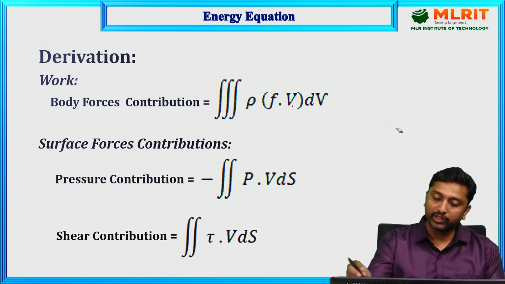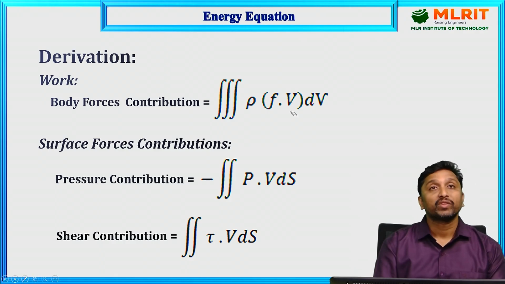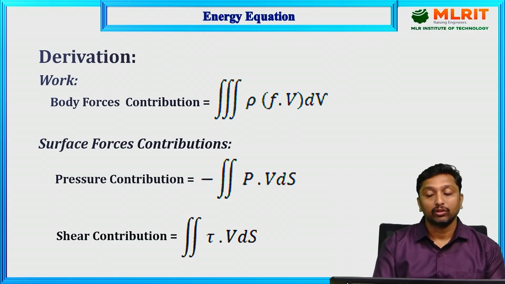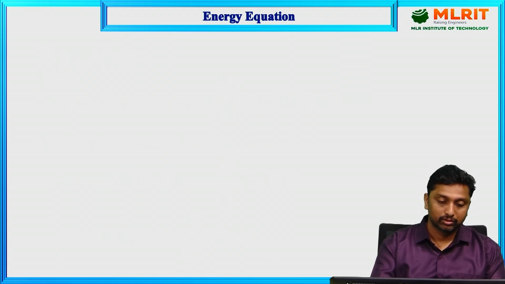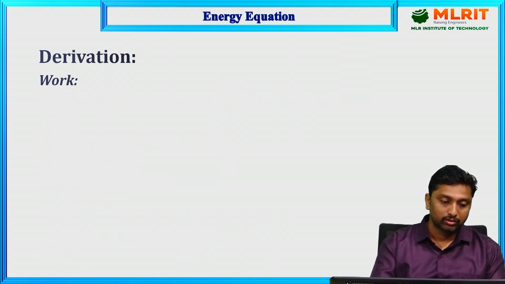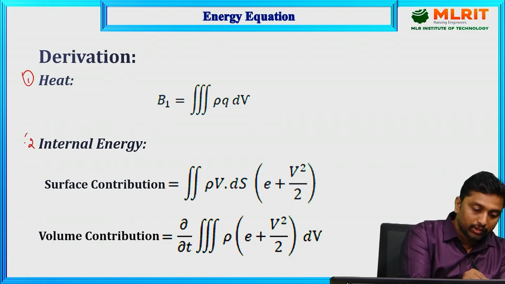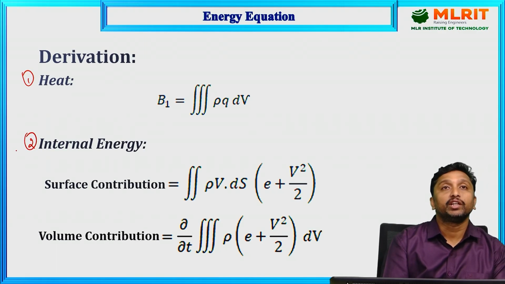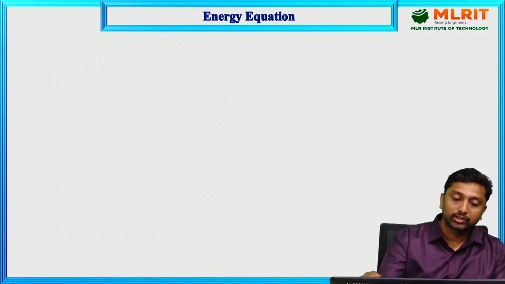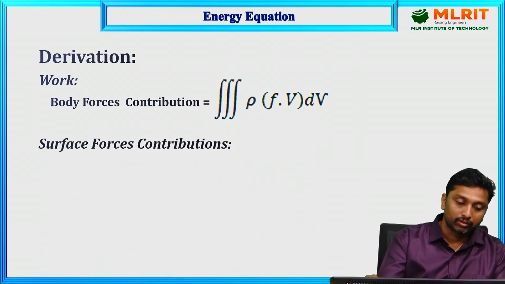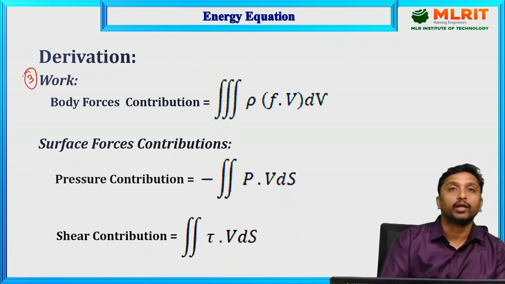Now if we sum up the equations, we have considered work done, heat, rate of change of internal energy, and at last we have got the total rate at which work is done.